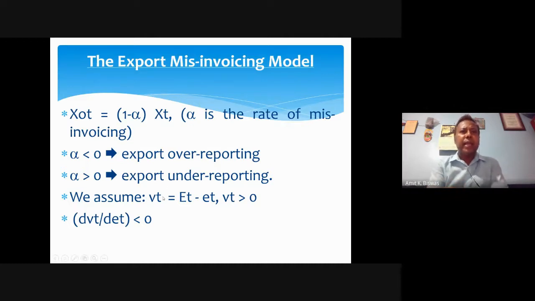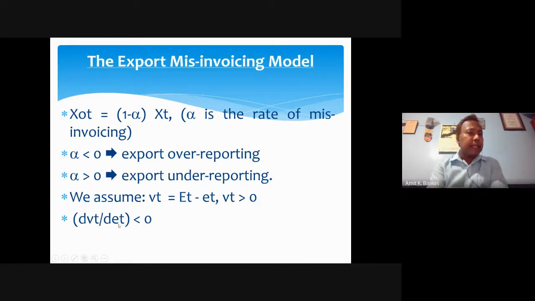And this V is known as the black market premium. In the story, we talk about the difference between the market rate, which is the street side rate, minus the official rate that is controlled by the government or the RBI. And we assume this gap is always positive, therefore VT is greater than 0.